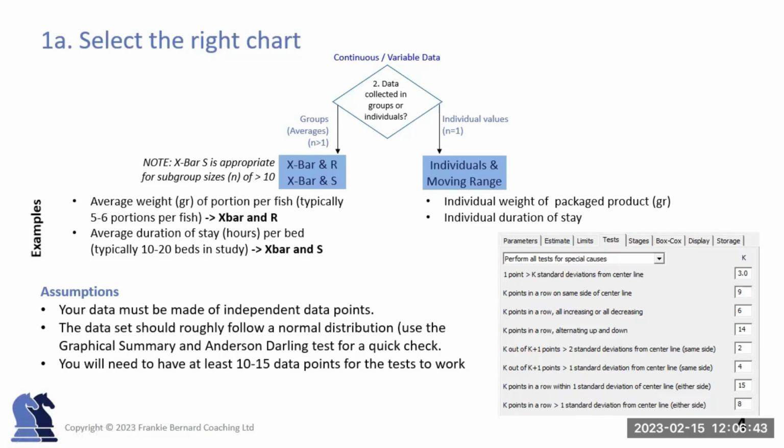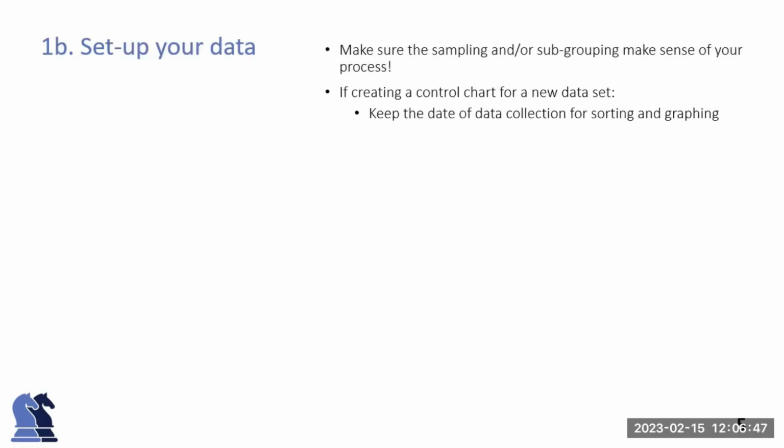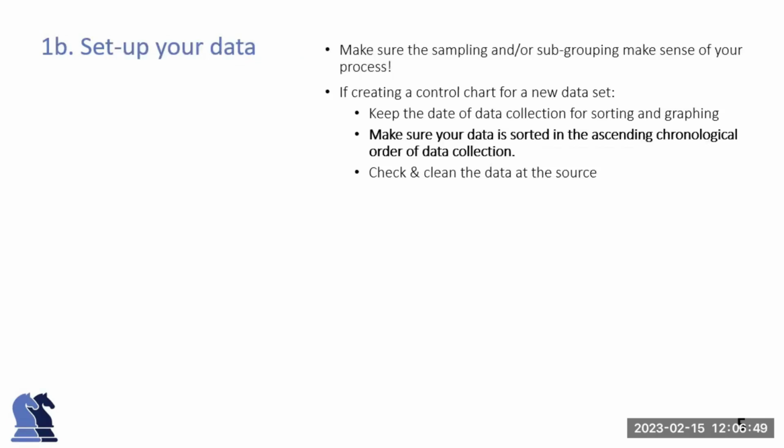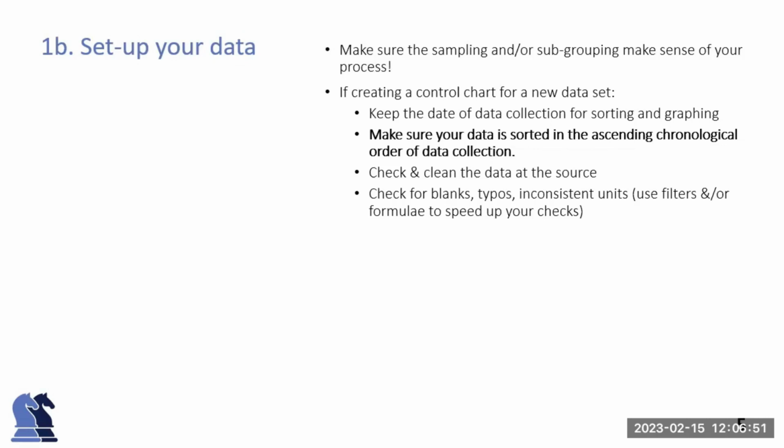Okay, so with that, just one more theory point, if I may be so bold, before we kick in and look at actual data in Excel and Minitab. Just some reminders, especially since there's a lot of this which is automated these days. Obviously, you might be working with huge data extracts coming from data warehouses or queries through BI and others. And that's fine, and that's great, and it's brilliant.